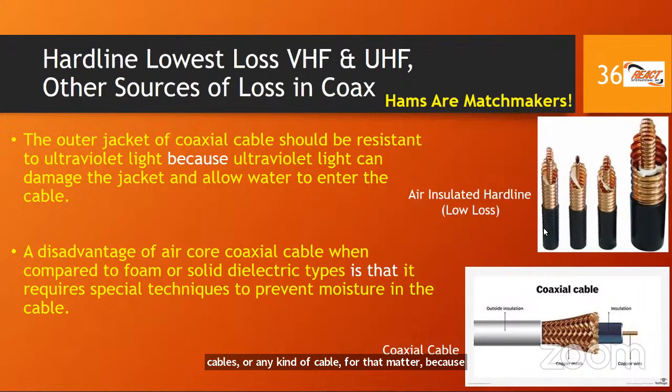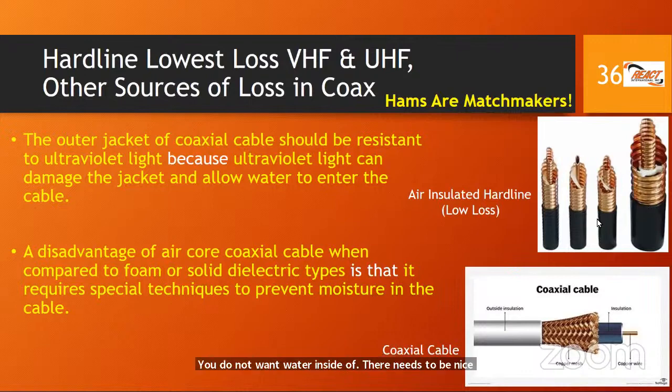This material on the outside could deteriorate, get dry rot, break up, crack up, and allow water to go inside, which we said is not good for coax cables. You do not want water inside of there. It needs to be nice and tight and sealed.